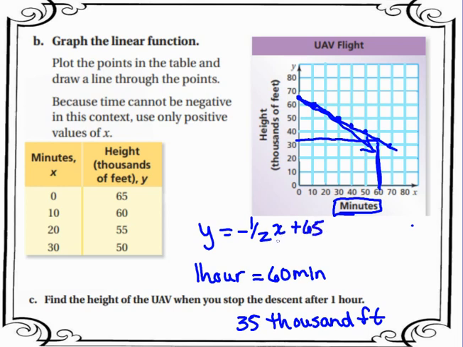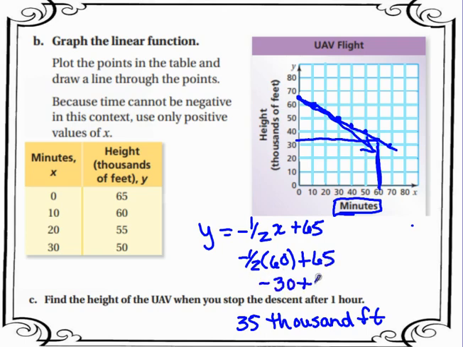If we put a 60 in there, plus 65. So half of 60 is negative 30, plus 65 equals 35,000 feet. So we have the same answer.